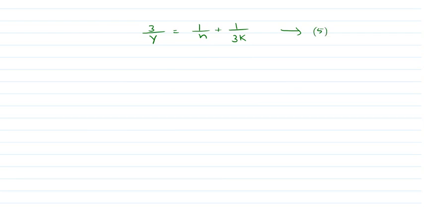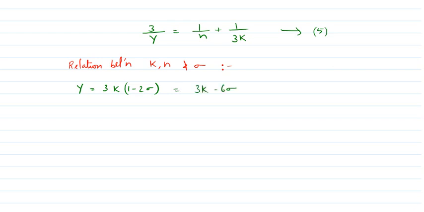Next, the relation between K, N and sigma. For that we can write Y equal to 3K times 1 minus 2 sigma, that will be equal to 3K minus 6K sigma. Then the other equation is Y equal to 2N times 1 plus sigma, which will be equal to 2N plus 2N sigma.